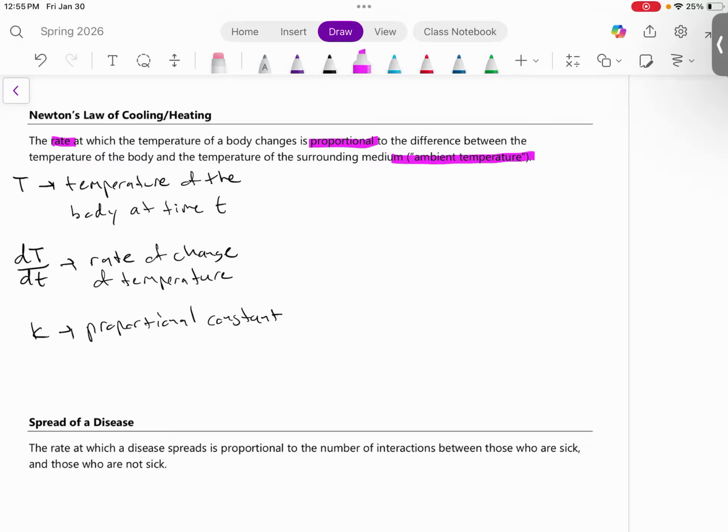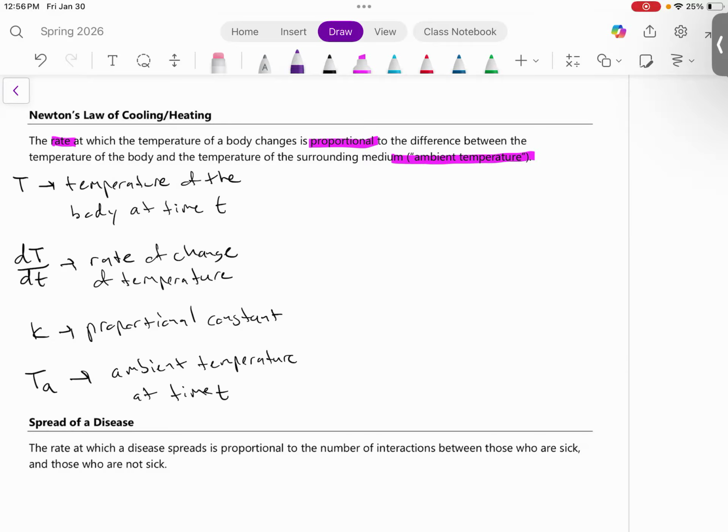That to me is also a variable. What is typically labeled as capital T sub A stands for ambient temperature at time t. Now we take this statement and start writing the differential equation with all our components.